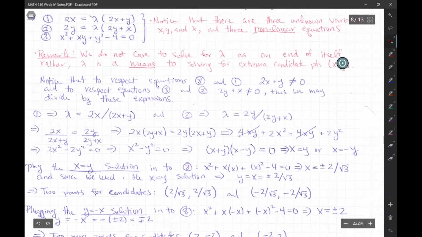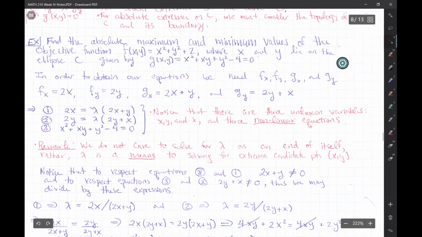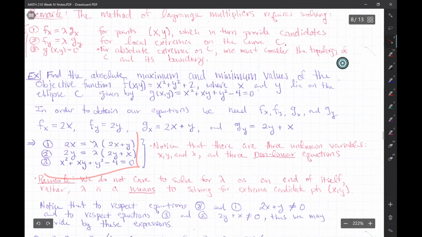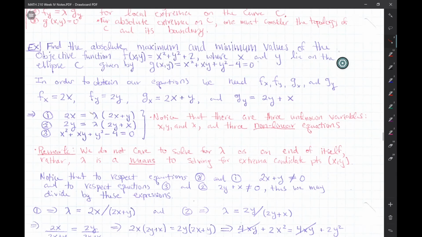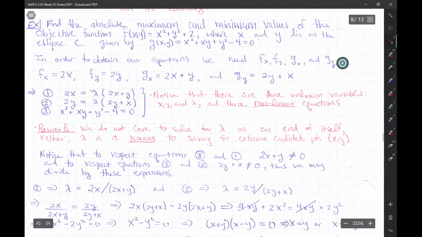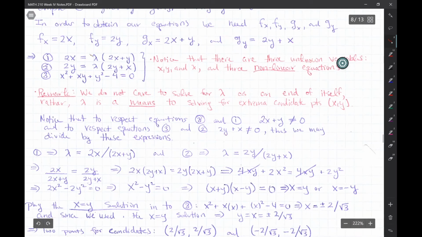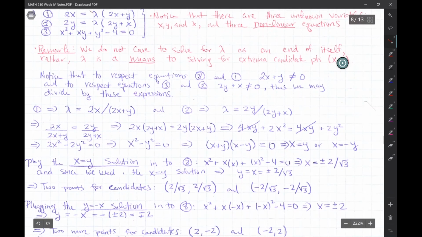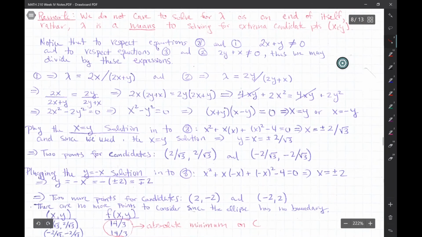So a recap. We started with our three equations. We looked at equation 1 and 2, and generally it's a good idea if you could eliminate lambda early to go ahead and eliminate it. And so that's what we did. We of course had to apply an argument that we're not going to be dividing by 0 when we solve for lambda. But once we did that, we got two solutions.